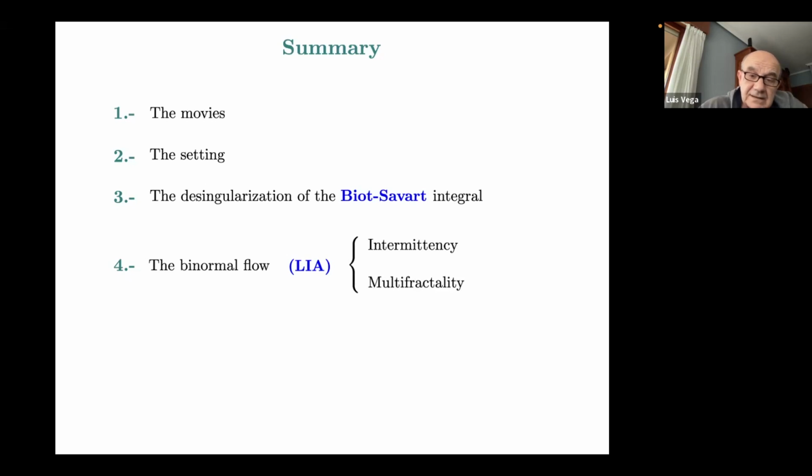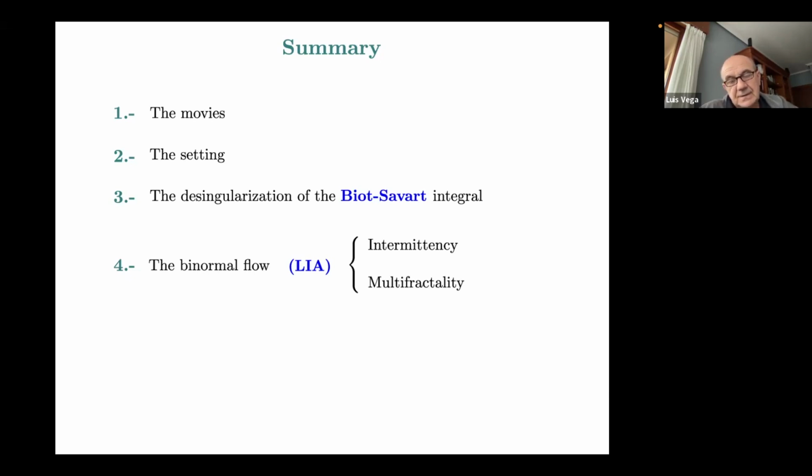Of course, there is a big jump between points 1, 2, and 3, and if you want point 4. The jump is as follows. The result I will talk about on the desingularization of the Biot-Savart integral is a result about regular curves, and the examples of intermittency and multifractality are about non-regular curves.